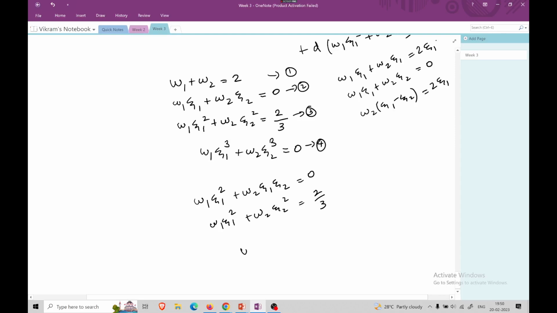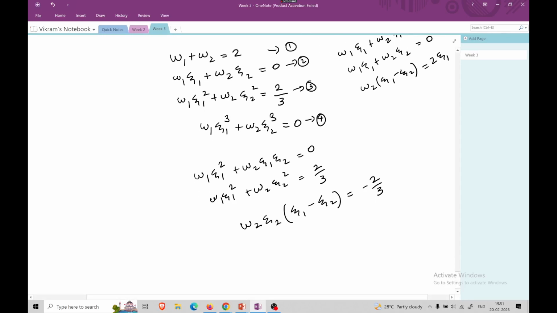So I am going to subtract both. W2 into epsilon 2 epsilon 1 epsilon 2 is equal to minus 2 by 3. Okay. So I divide both. W2 into epsilon 1 minus epsilon 2 is minus 2 by 3.